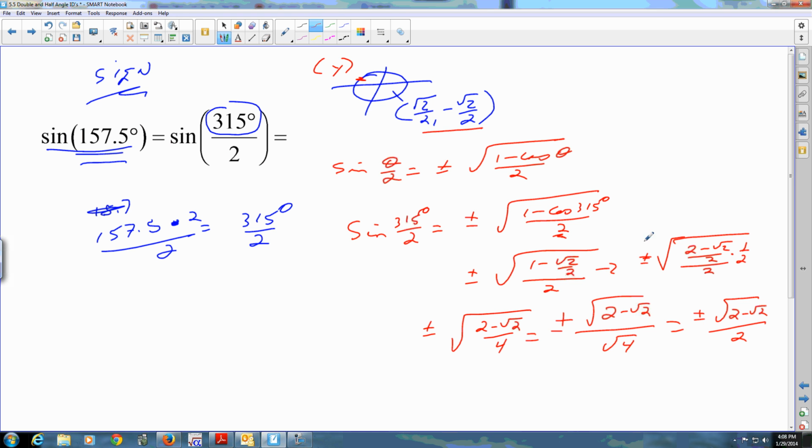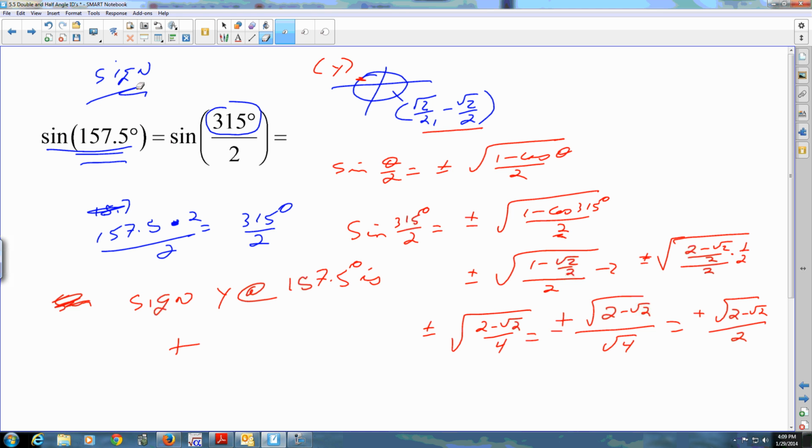Now I have to decide. Sine is your y value, and the sine of the y at 157.5 degrees is positive. So I don't use the negative, I use the positive.